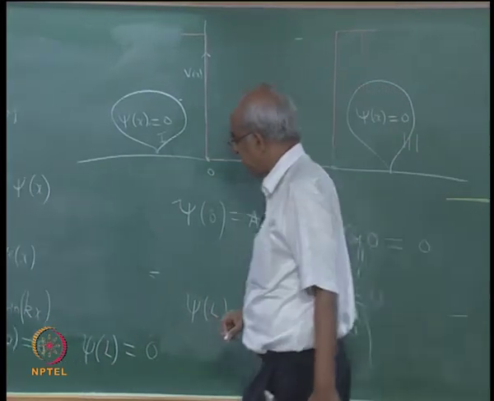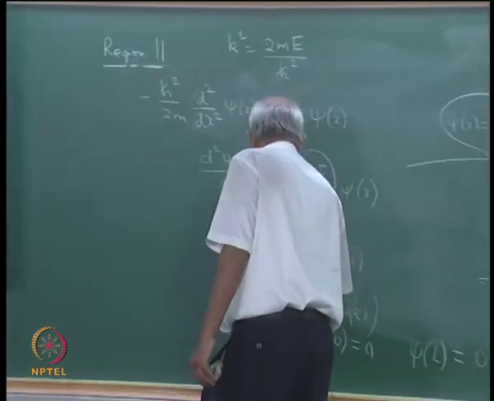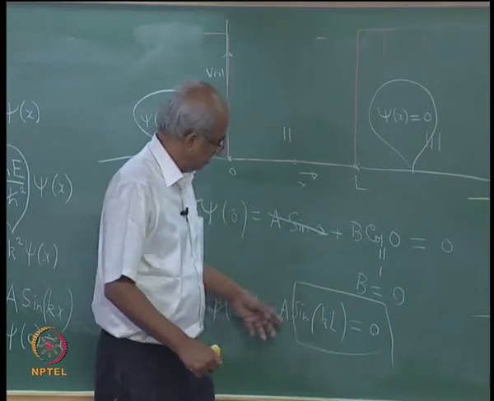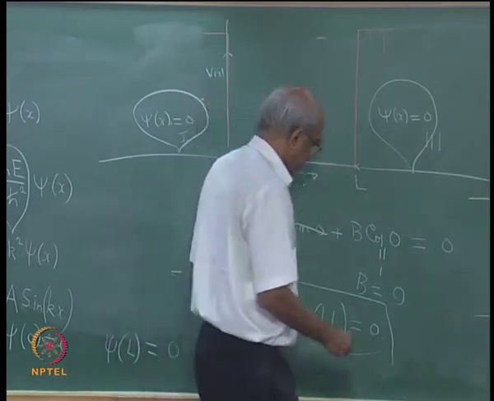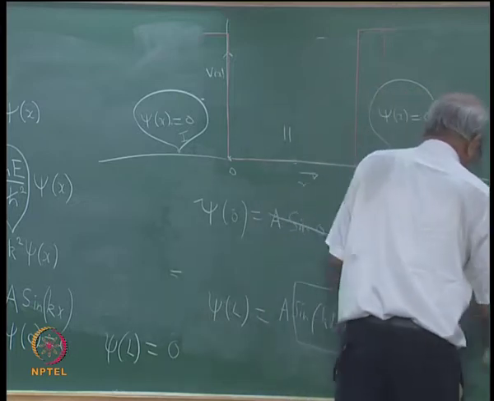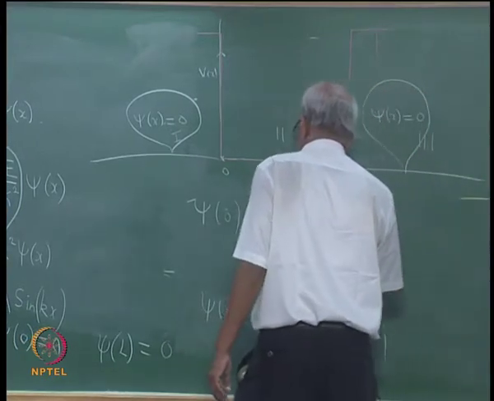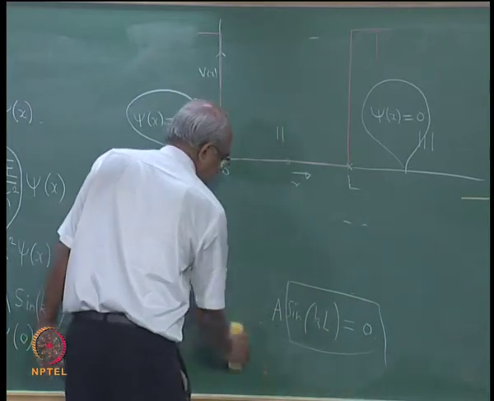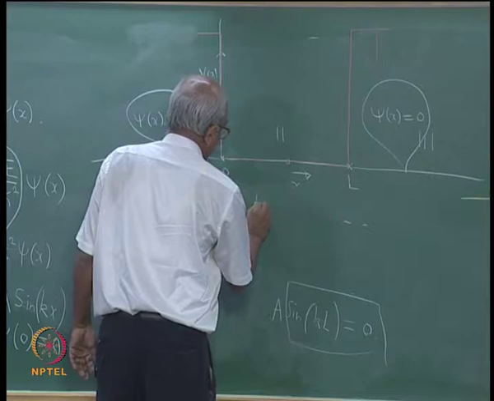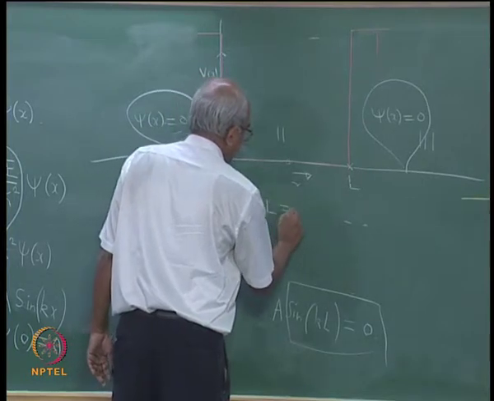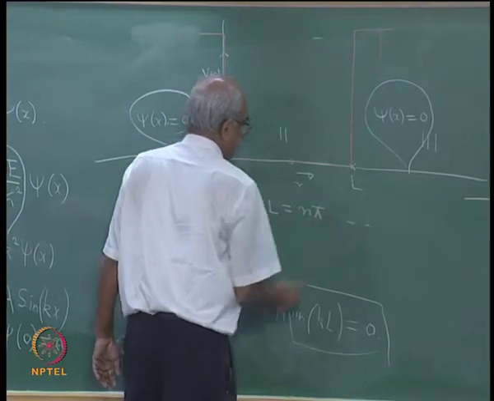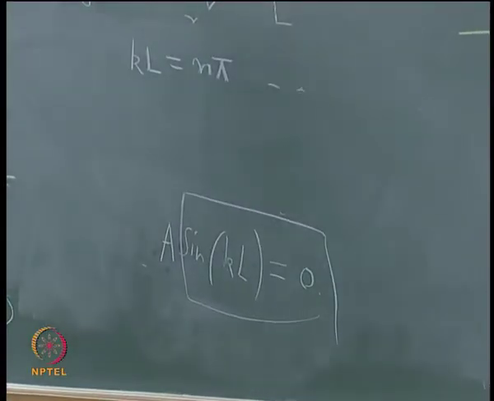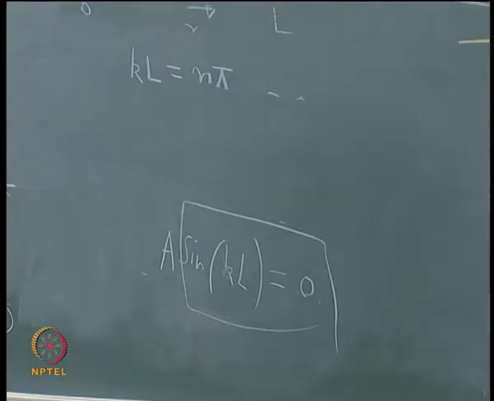So when would this be satisfied? Well, if kL is equal to n pi. In order to satisfy this condition, you will have to say that kL is equal to n pi. Only if this is the way it is will you be able to get acceptable solutions.